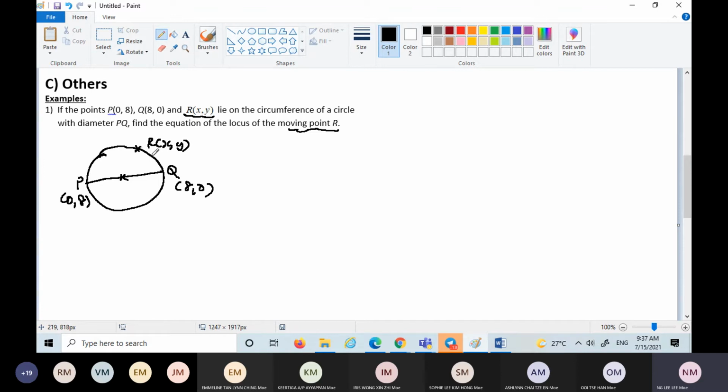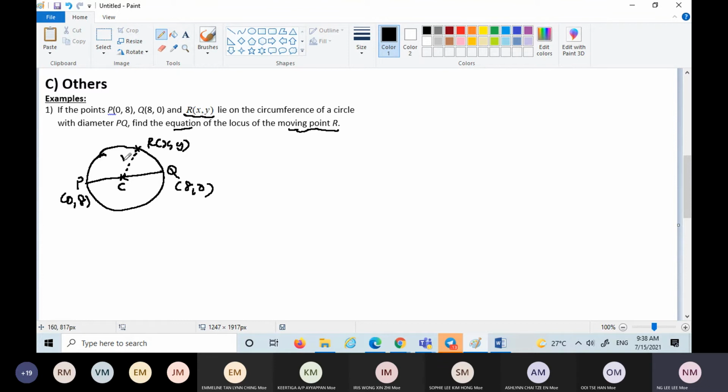But the problem is how to form the equation. Some of you will say, I think you are going to get the radius, am I right? And then find the midpoint of PQ, which is the center of the circle.